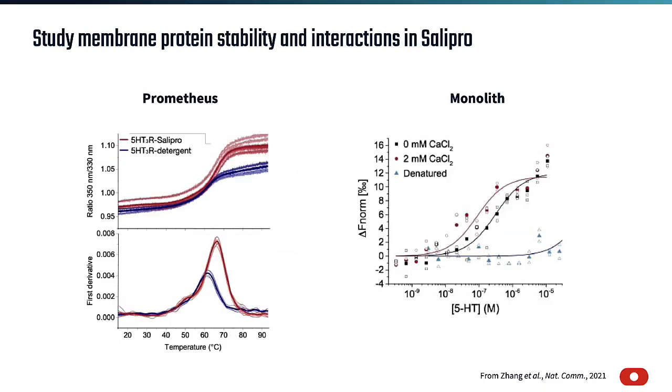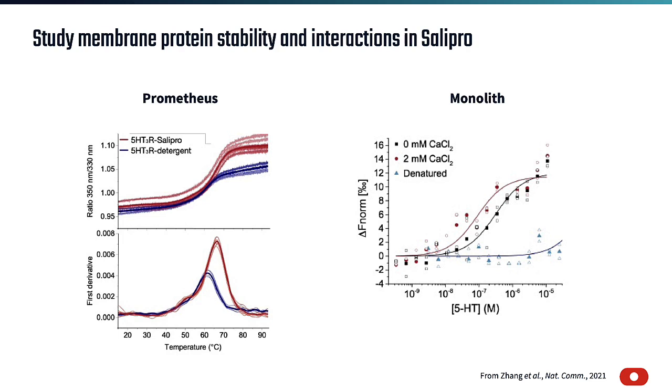In this second example, the researchers wanted to confirm conformational differences of another serotonin receptor, a ligand-gated ion channel, depending on whether it was in detergent or lipids. This time, the receptor was reconstituted into saposin lipid nanoparticles, or SALIPRO, which were composed of brain polar lipids.